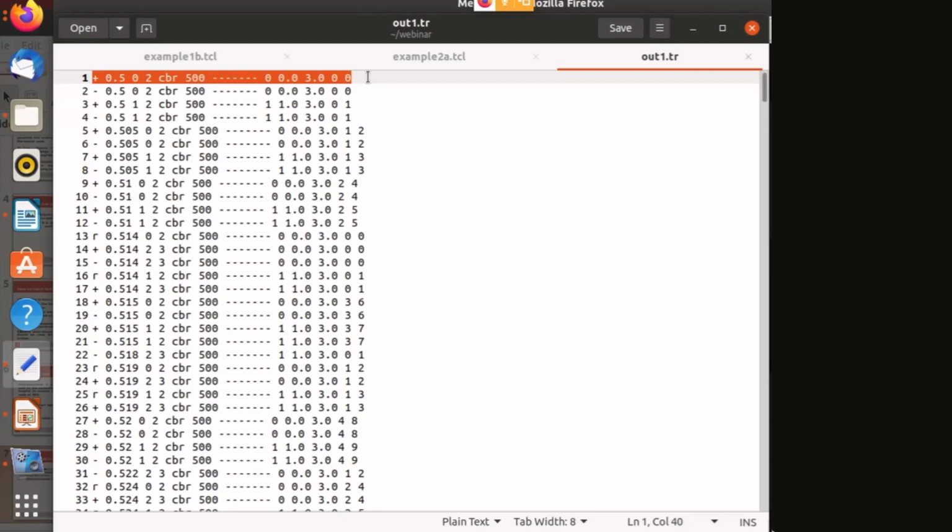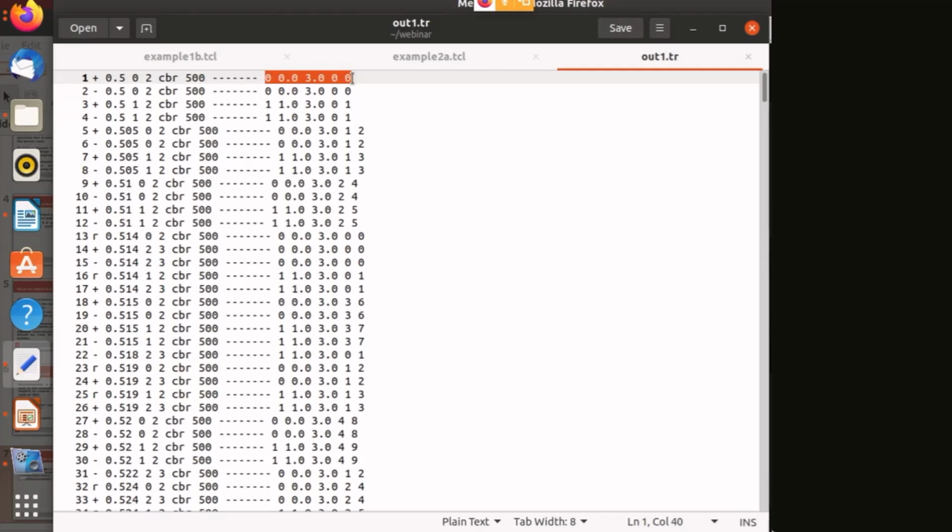If you understand the first line, the rest of the lines you will be able to understand. It is written as plus 0.502 CBR 500. Then some dashes are there. Then 0, 0.0, 3.0, 0. Something is written here. You don't know what it is, but I will tell you.